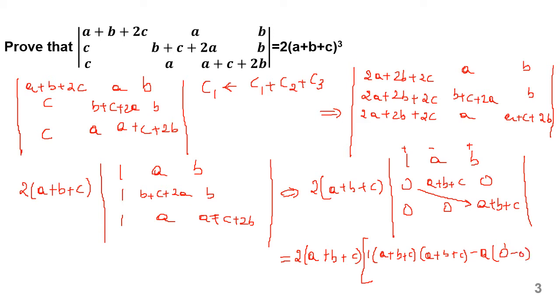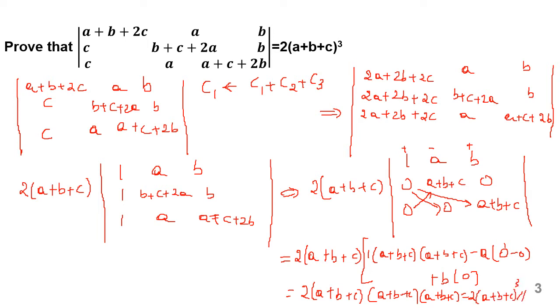Next is plus b into 0 into this, which will be equal to 0. So we are going to get 2 into (a plus b plus c) into (a plus b plus c) into (a plus b plus c), which is equal to 2 into (a plus b plus c) the whole cube. Hence the given problem is proved.